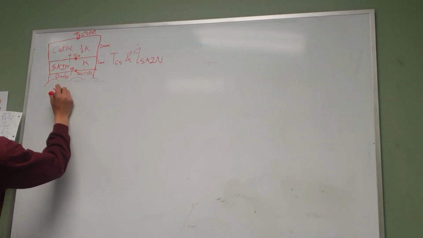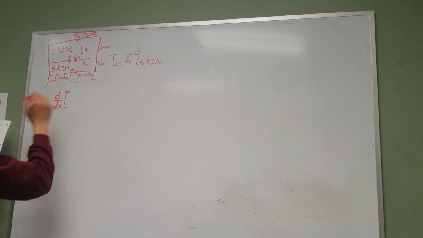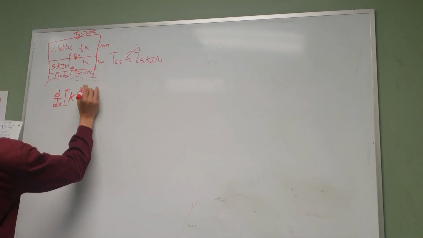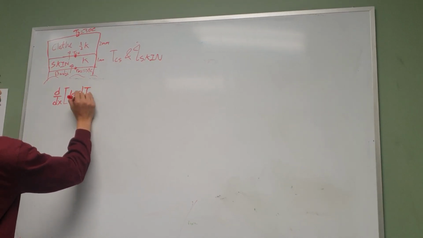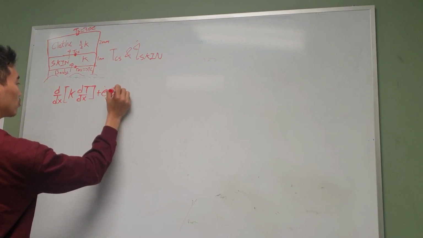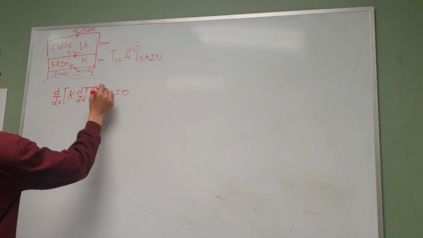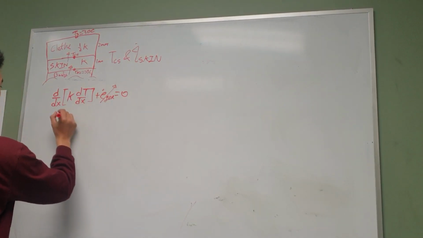Second way to do it, we have this base equation to start with. Well, we don't really have an E-gen, generated energy. This is going to be 0.